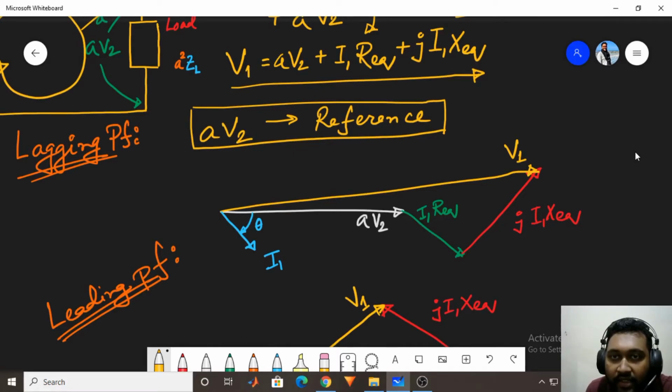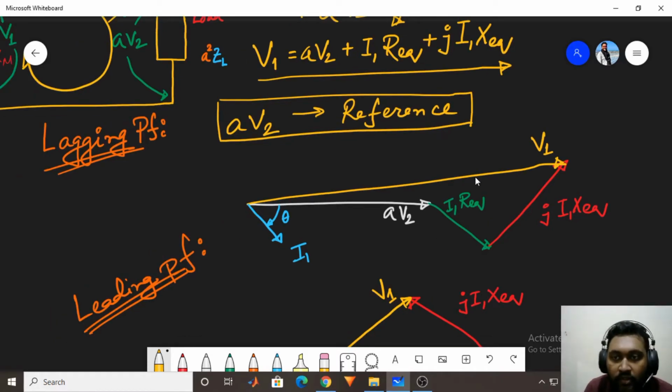Then comes I1 R equivalent. So I1 is lagging. We have shown I1 here and theta lagging, so theta is negative. As we all know, resistances don't contribute any phase shift, so they will be at the same angle as I1. As you can see, the blue line and the green line are both parallel to each other. Then there comes this j I1 X equivalent.